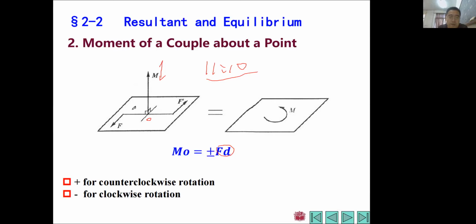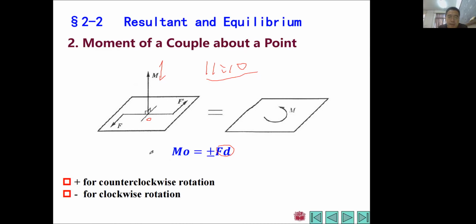So if you find this couple is along counterclockwise rotation, it will be plus. And once again, if you look down onto the plane of the couple and you find the couple is along clockwise rotation, then it will be minus. It will be a minus sign.